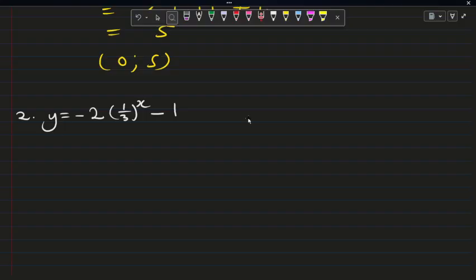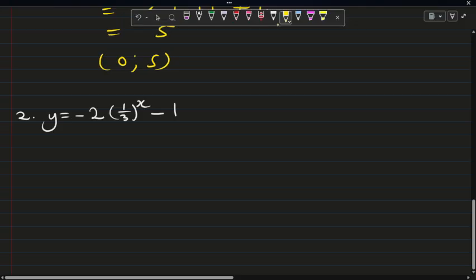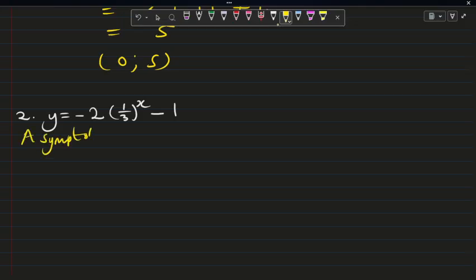Now, in the second example, they say that y is equal to negative 2 into 1/3 to the power of x minus 1. So, as always, we start with our asymptote. The asymptote is given by y is equal to q, and in this case, we have q being equal to minus 1.